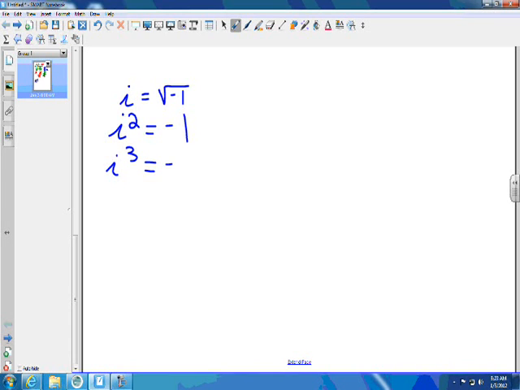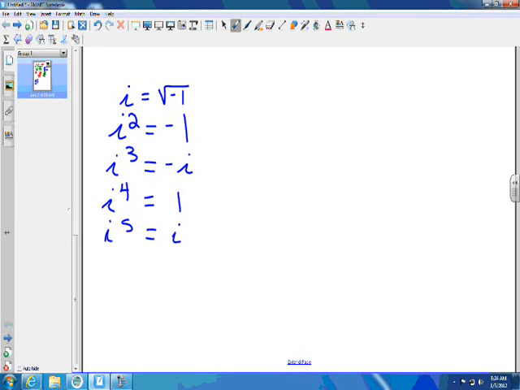i to the third is -i, and i to the fourth is +1, and then from that point it starts repeating. So i to the fifth is going to be i.